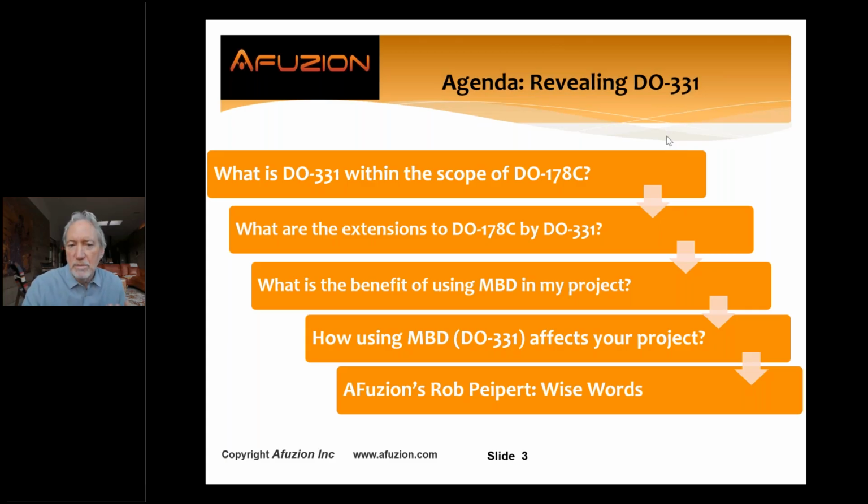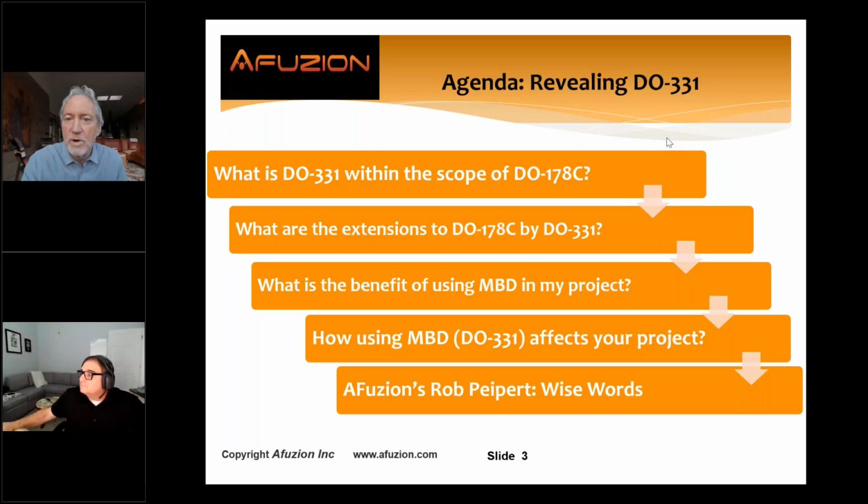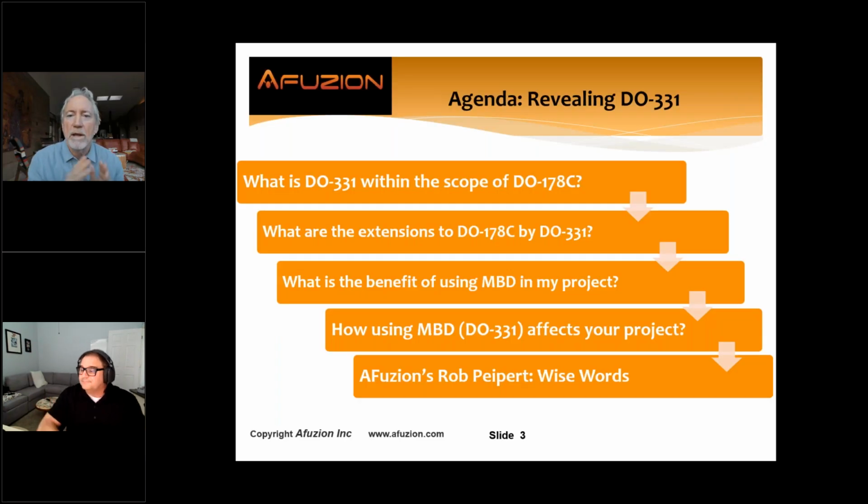What's the benefit of using model-based development and how it affects your project? Some tips and tricks from Rob. And he'll conclude with wise words, then we'll take your questions, okay? So with that, I'm gonna turn it over to Mr. Pipert right now. Rob has control of the screen and we'll pick it up right here.